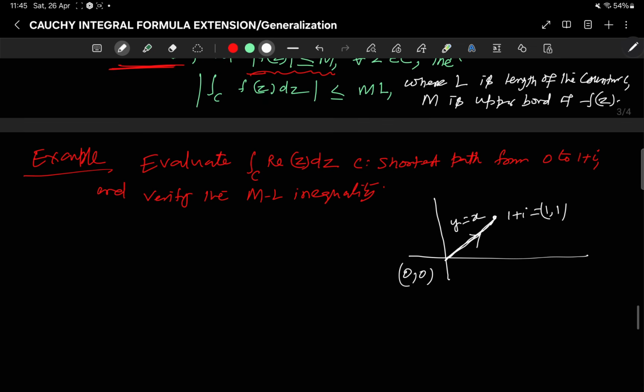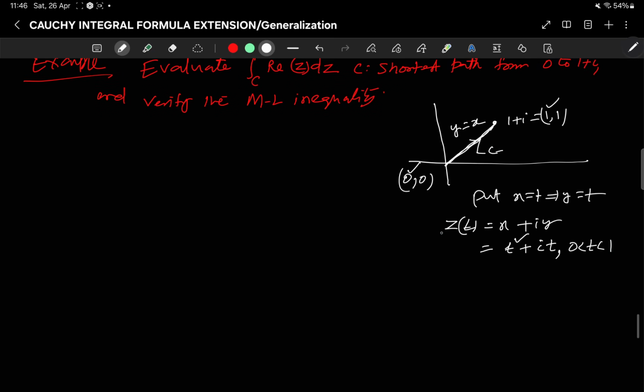If you put this as your path C, put x is equal to t, which implies y is equal to t. So z(t) is x plus iy, so it is t plus it, and the x coordinate we are taking is the first component. So it is 0 less than t less than 1.